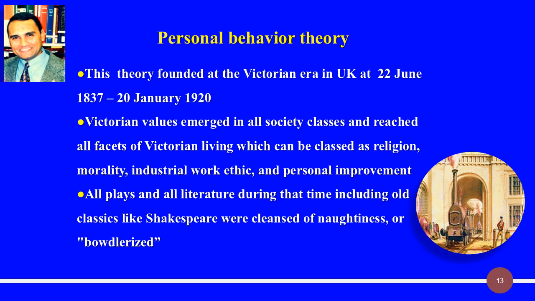Victorian values emerged in all society classes and reached all factors of Victorian living, which can be classed as religion, morality, industrial work ethic, and personal improvement. All plays and literature during that time, including all the classics like those of Shakespeare, were Bowdlerized.